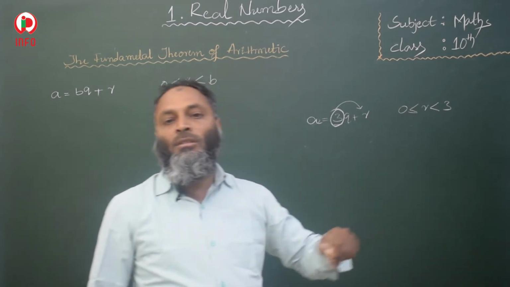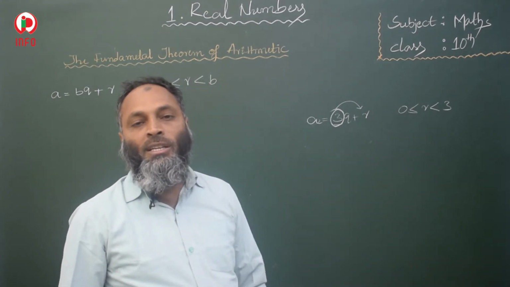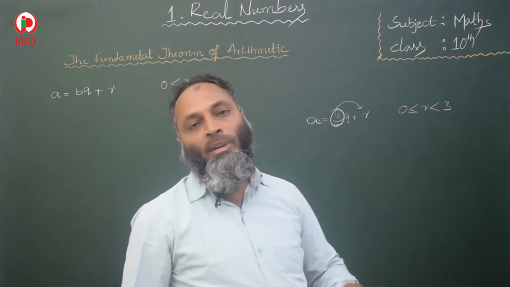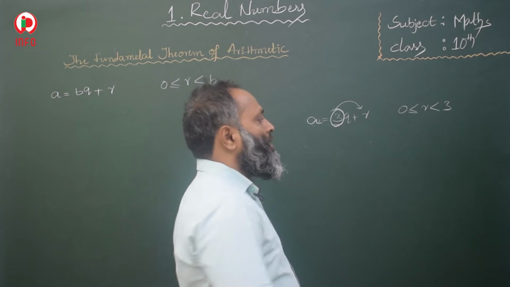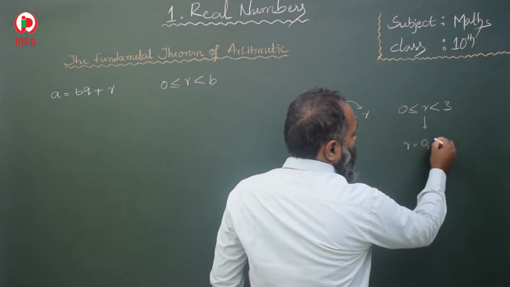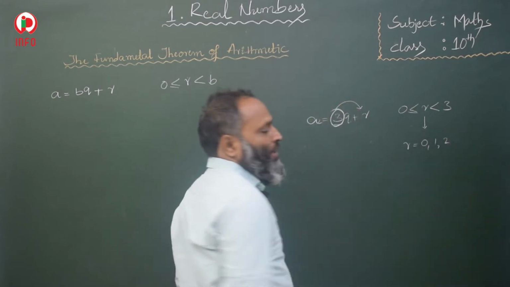Here only less than is given, so don't take 3. Our remainder r is 0, 1, 2. Till 2 we should take.